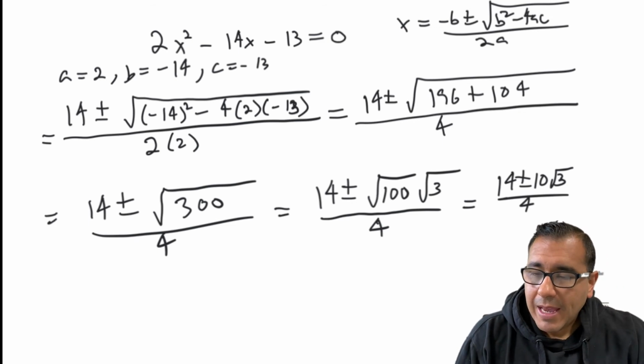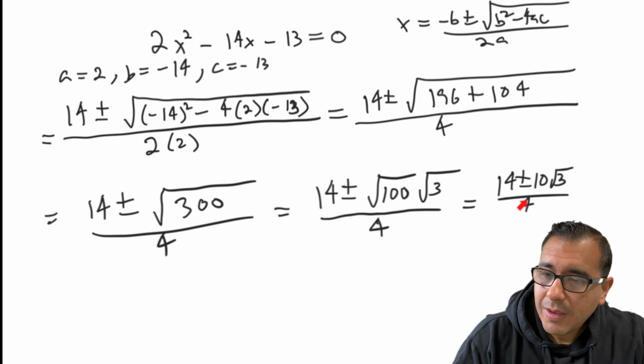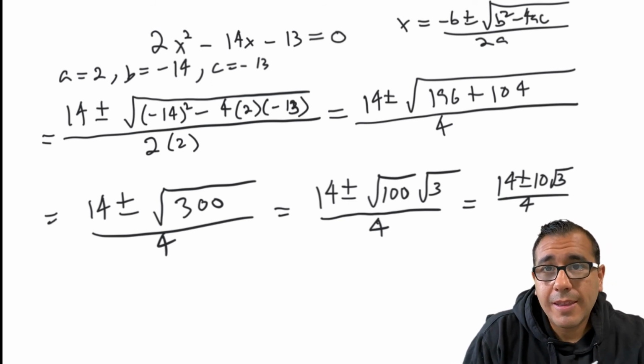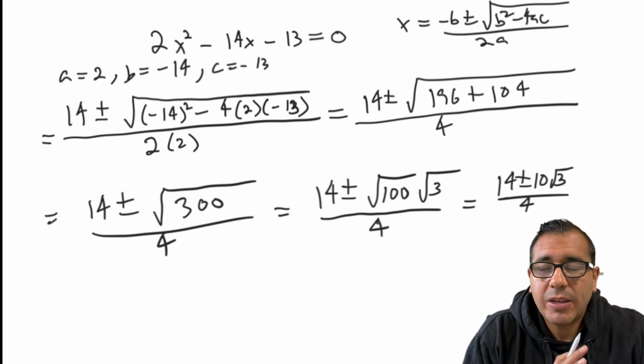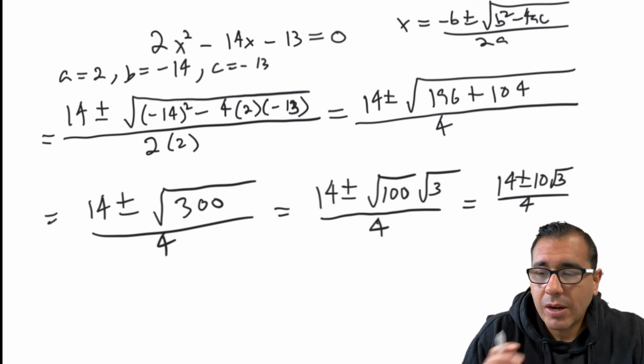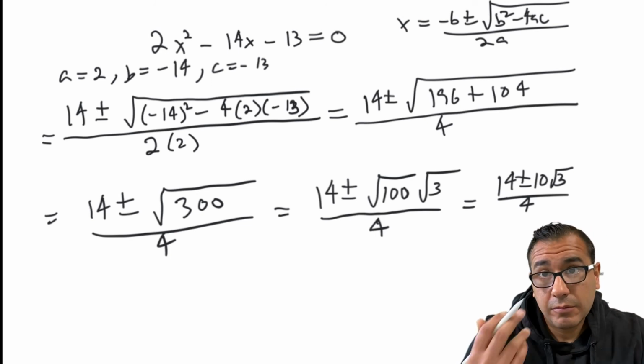All right, and if you haven't simplified these types of expressions, then what I want you to do is think about factoring. Can I reduce this in any way? So look at your numerator here. You have 14 and 10. What's the largest number you could factor out? Well, it's 2.